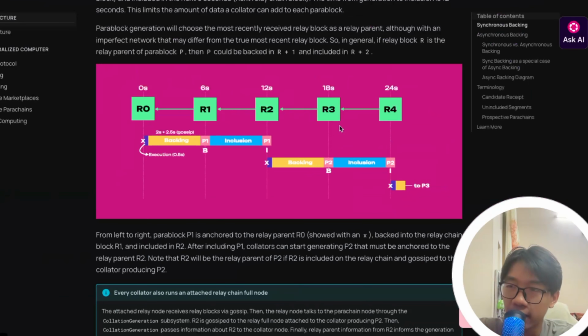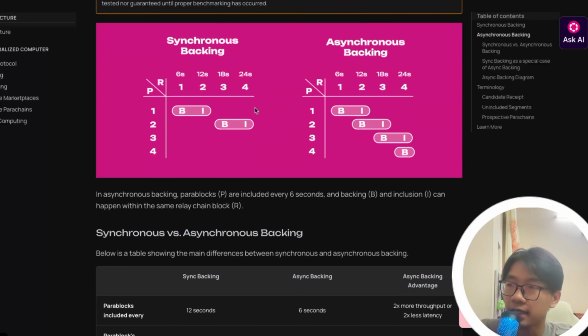In that way, it required at least 12 seconds for the block to be included in the relay chain. But with async backing, everything can happen in parallel. So while the inclusion of the past parachain block is already running, the backing process of the next block is happening at the same time, in parallel with the inclusion of the previous stage.